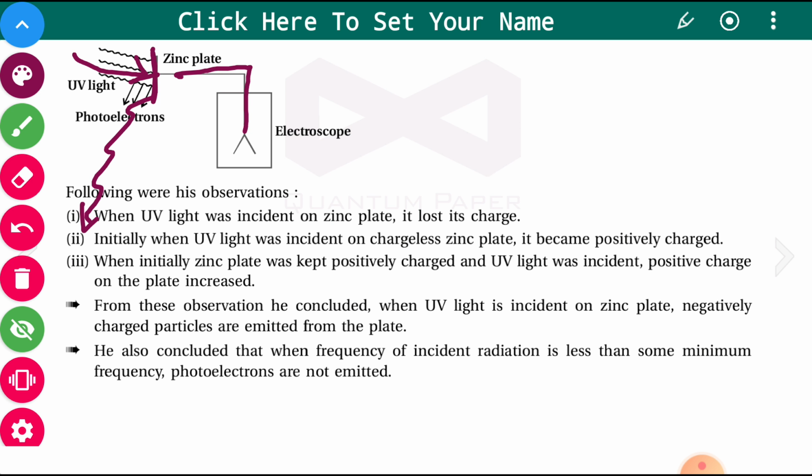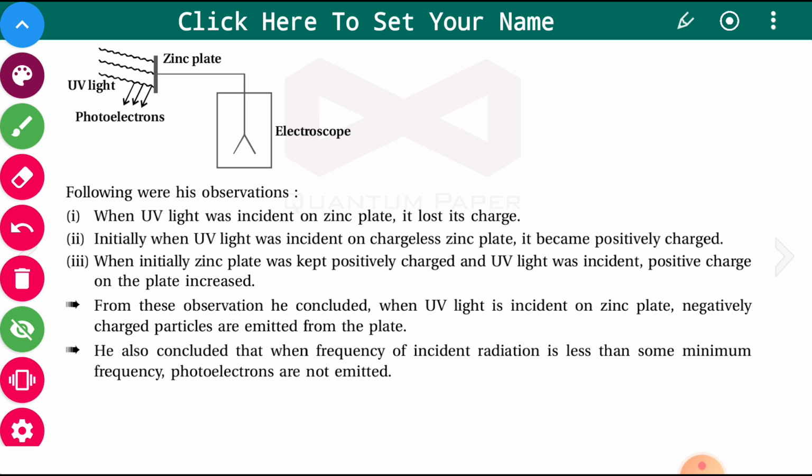So there is a reduction in the negative charge, which can again be seen from the electroscope, that it has lost the electrons. Initially, when ultraviolet light was incident on a chargeless zinc plate, it became positively charged.